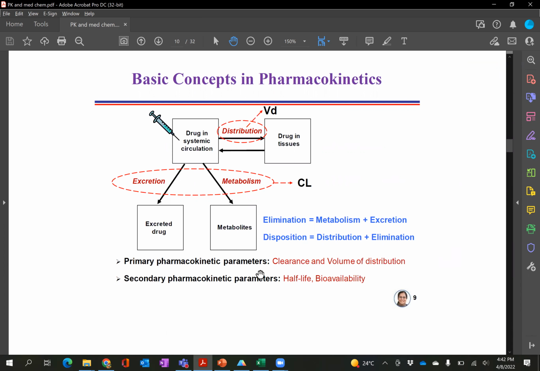Primary PK parameters are clearance and volume of distribution; secondary PK parameters are half-life and bioavailability. So they talk about the bioavailability here too. Basically, when you have drug in circulation, it either gets excreted by the kidney or gets metabolized by multiple routes, or it can be distributed into tissue.